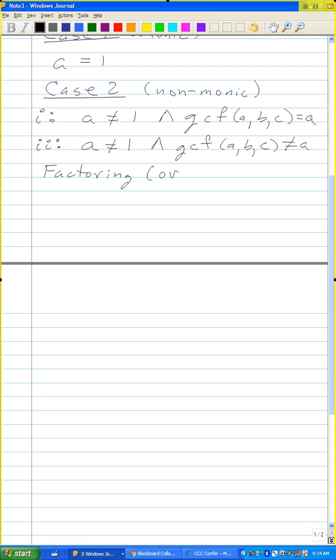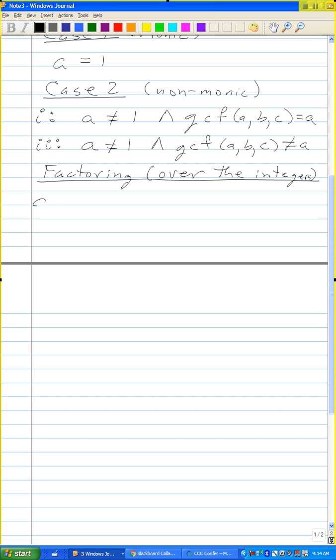And really, we're going to be factoring over the integers. I'll just say that we're factoring. It's understood that we're factoring over the rationals, factoring over the integers.